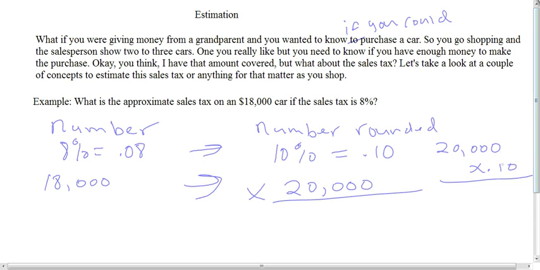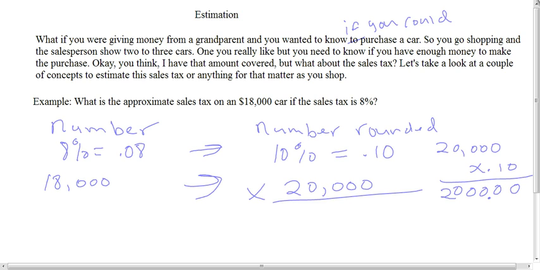So there's no sense in multiplying by that 0. I'll just drop it on the end and multiply here. 1 times 0, 0, 0, 0, 2. And I hope we understand that when we multiply by a decimal, our final answer has to be pointed off according to how many decimal places. So I see 2 places behind the 0, so I will come and mark here. That's giving me an estimate of $2,000.